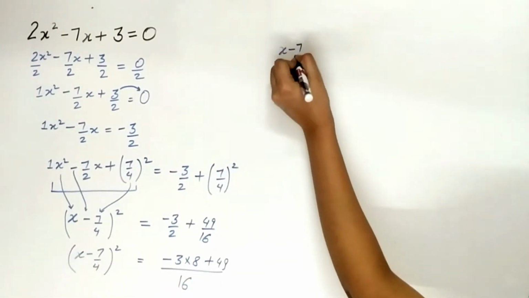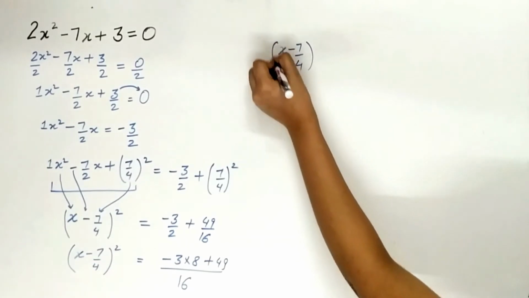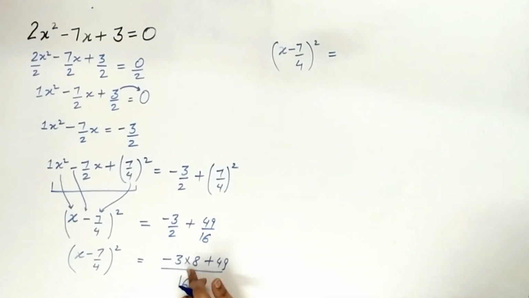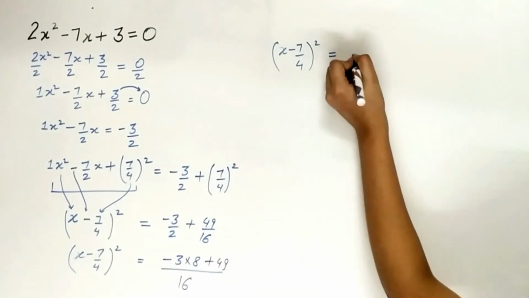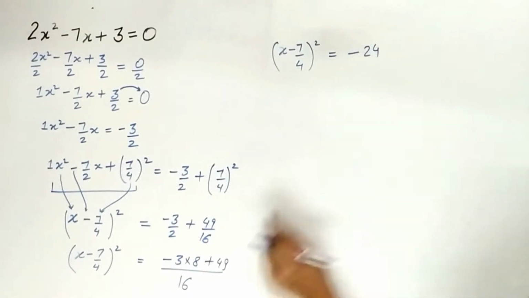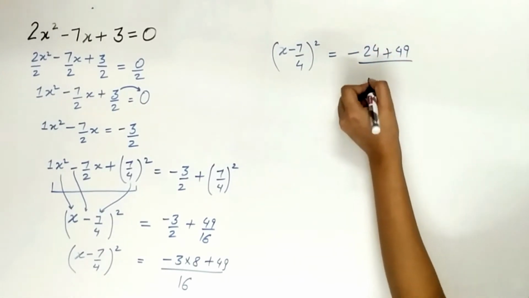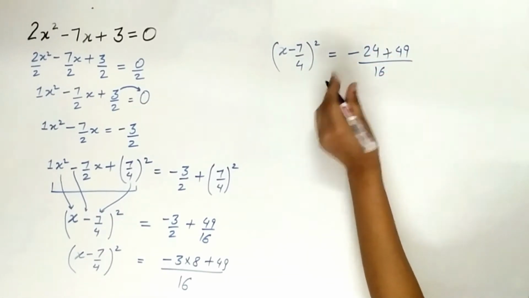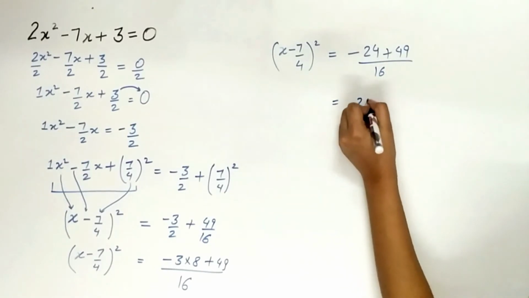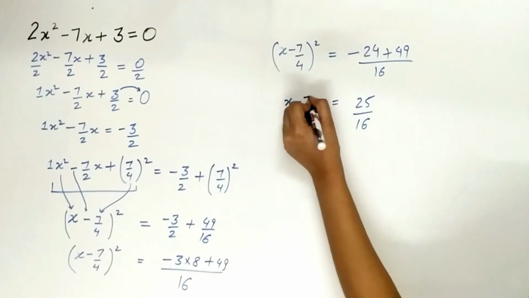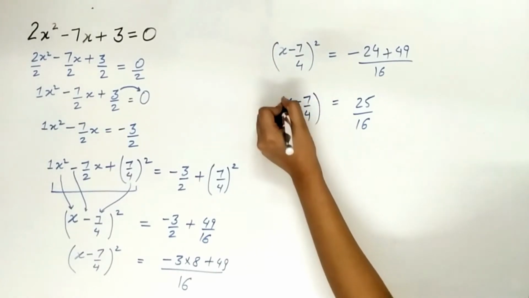x minus 7 by 4 whole square is 3 multiply 8 is minus 24 plus 49 divided by 16. Minus 24 plus 49 is 25 divided by 16 is equal to x minus 7 by 4 whole square.